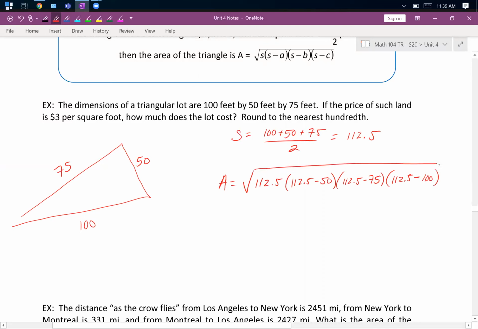And then we want to plug all that into our calculator. The area ends up being 1,815.46 square feet.